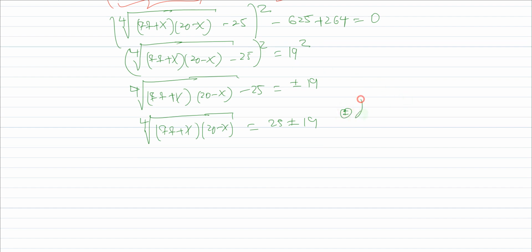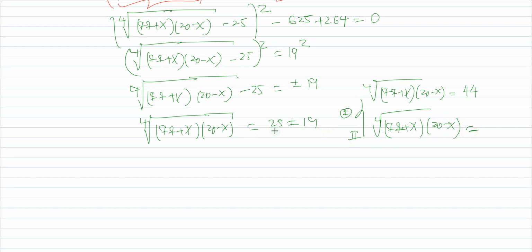First one, the fourth root of (77 + x)(20 − x) will be equal to, first of all, 25 plus 19, which is 44. And in the second case, we have the same thing, and this is going to be 25 minus 19, which is 6.